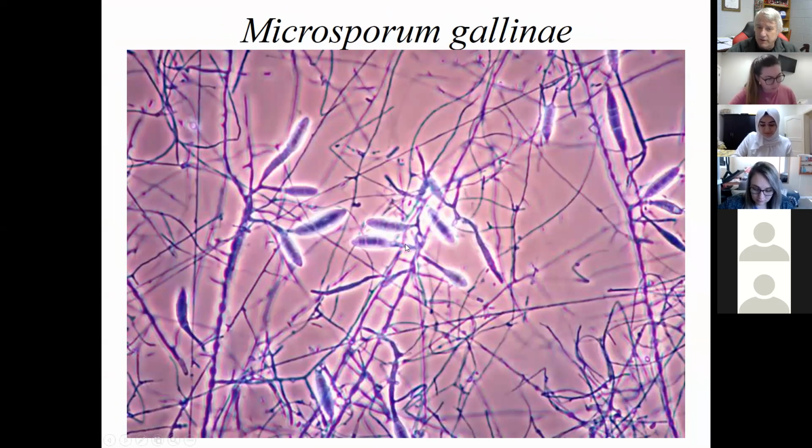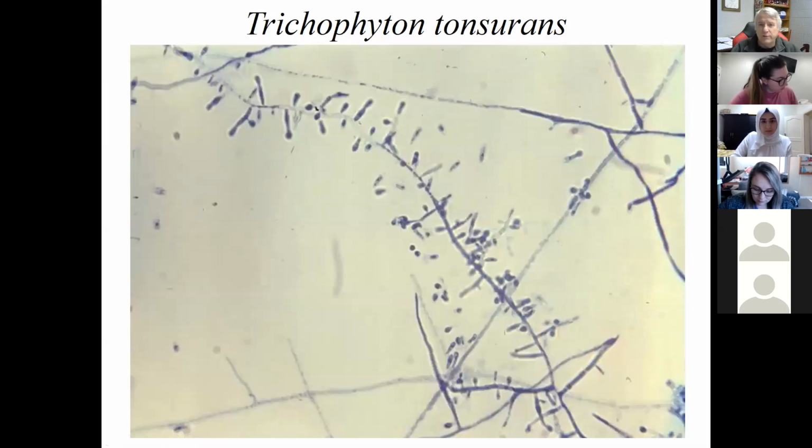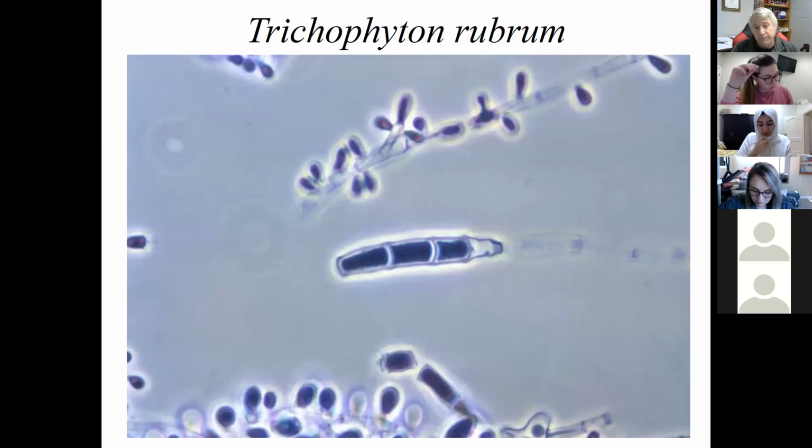Here again, from the hyphae. Trichophyton tonsurans. So hopefully we're going to see a lot of this, hopefully a good one of these on Thursday when we put the slide down. Rubrum.